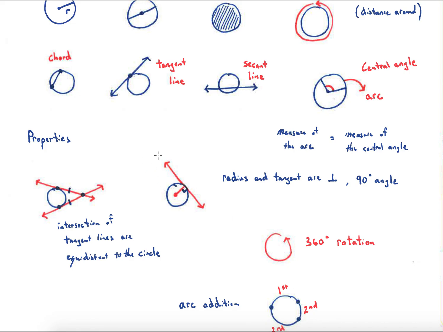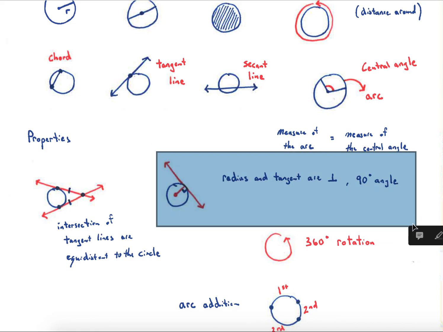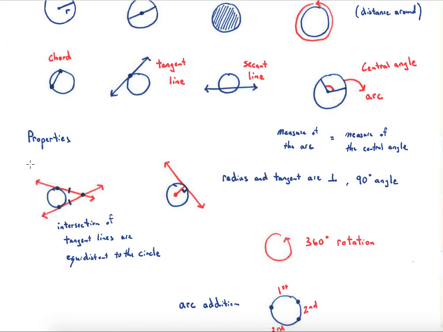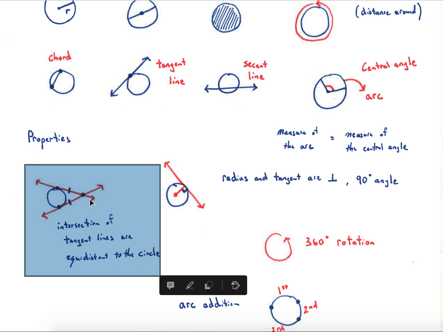We'll also discuss, in this part that we do today, that the radius and the tangent are always perpendicular, which means they form a right angle, so we can do some Pythagorean theorem stuff. We also know that if we take two tangent lines, they are going to be congruent. Take any point in space and draw the two tangent lines to the circle, and the two distances from the point to the points of tangency are equidistant, which means they're congruent.